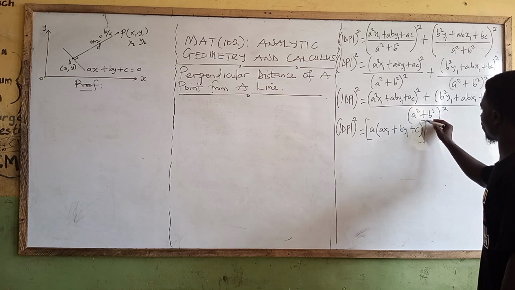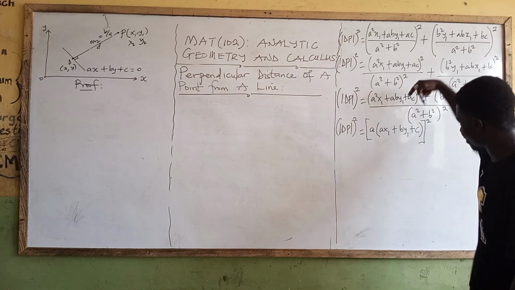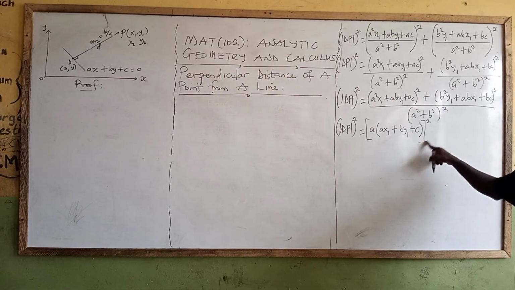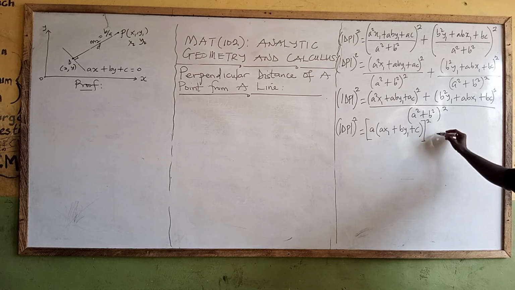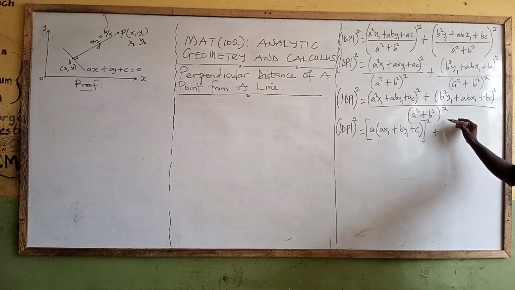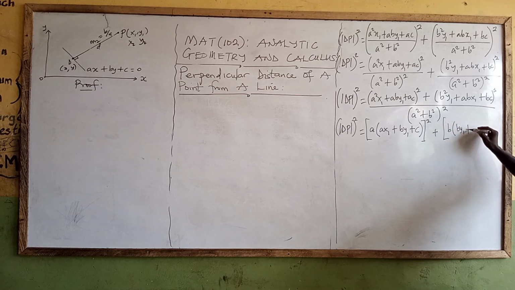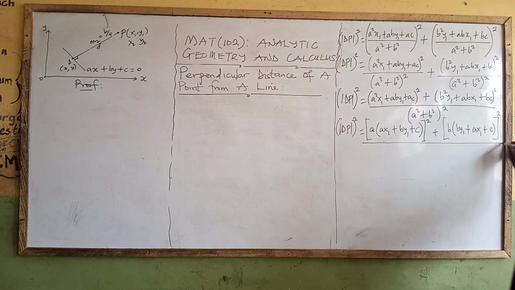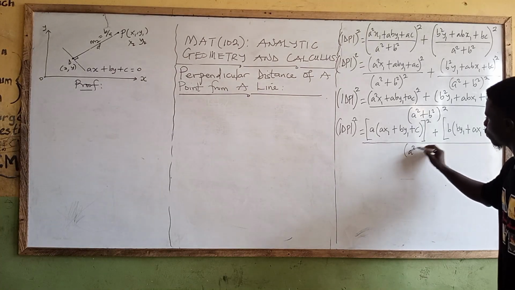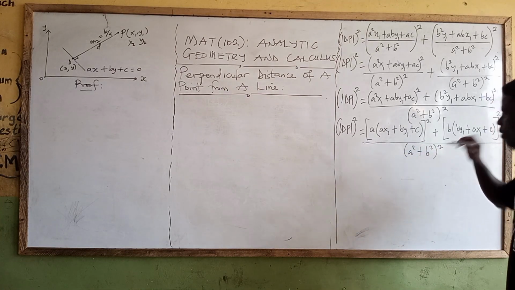So I can bring my all squared because this a is still inside the bracket. Then plus, you can factorize b out here, b out, then I get b y1 plus a x1 plus c all squared, right? All divided by a squared plus b squared all squared.